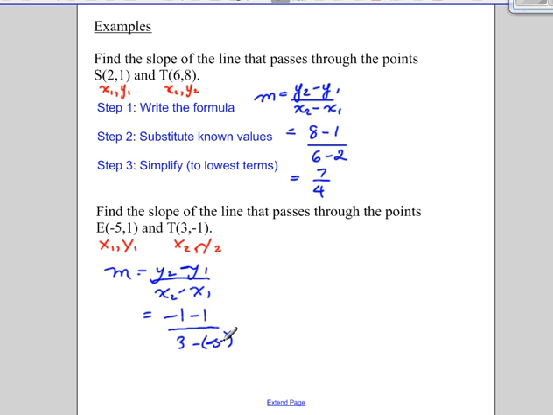Now be careful with this one because you've got integers. So remember that -1 minus 1 is -2, and that 3 minus -5 is actually 8. And then you're going to simplify that to -1/4. And again, that would be the slope of the line that passes through those 2 points.